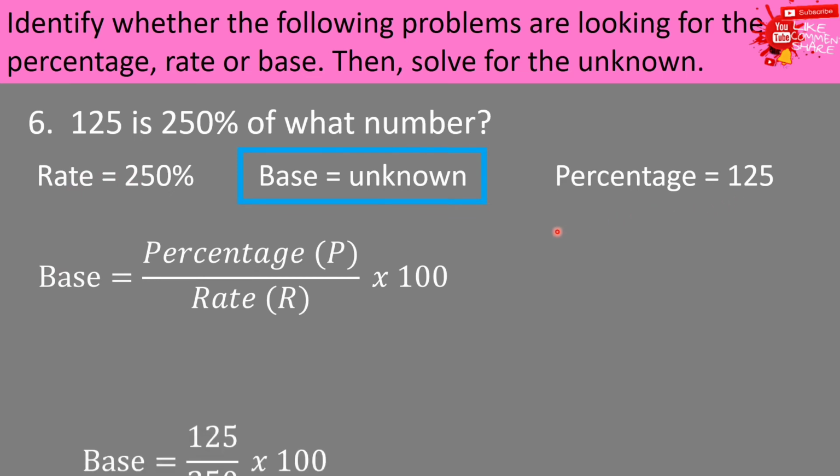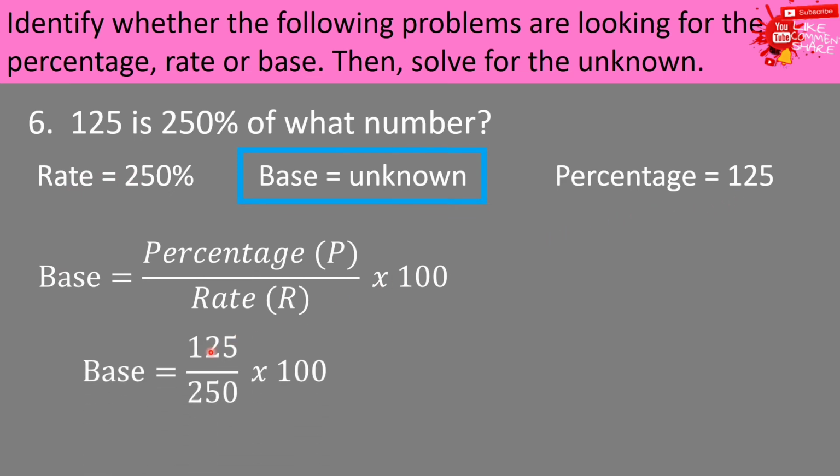So, base is equal to 125 divided by 250 times 100. 125 divided by 250 is equal to 0.5, times 100. And 0.5 times 100 is equal to 50. So, our value for the base for the given problem in number 6 is 50.